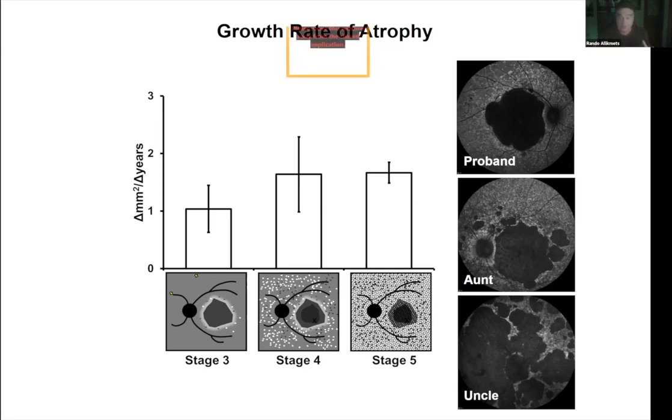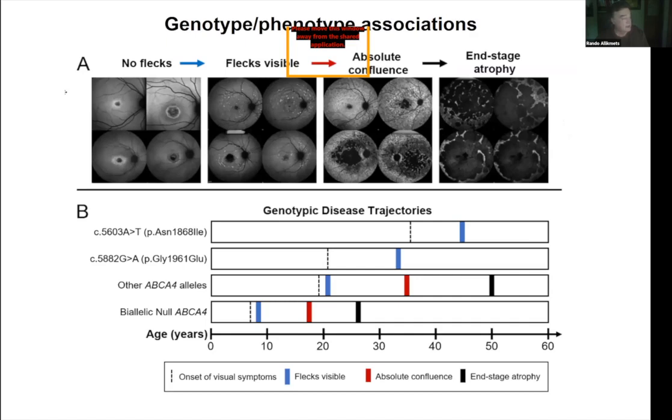So these are issues with clinical trials that have to be solved in order for them to work better and faster. And again, now I come back to the last few slides to summarize. We had these grades, stages of Stargardt disease, but you can see that if you have a certain class of mutations like this 1868, you will be in this first stage, maybe in second.